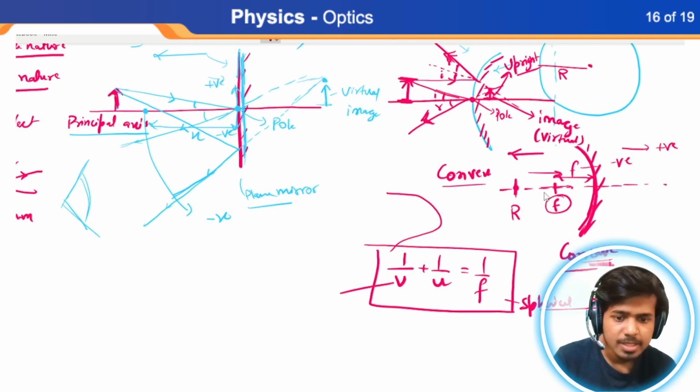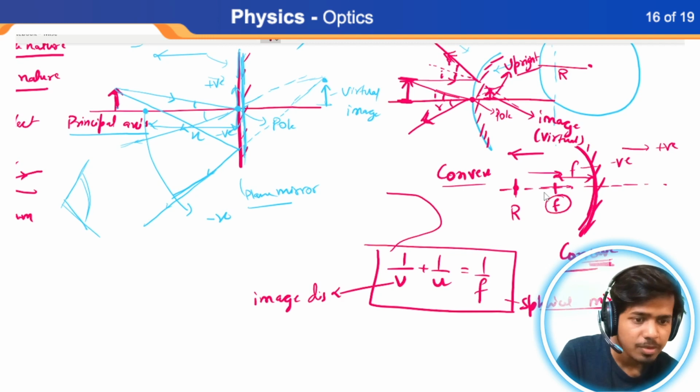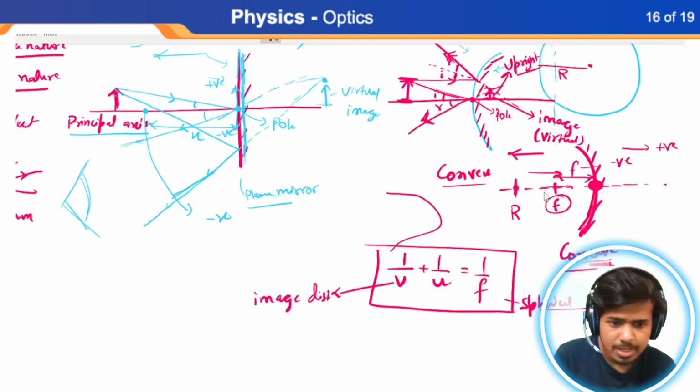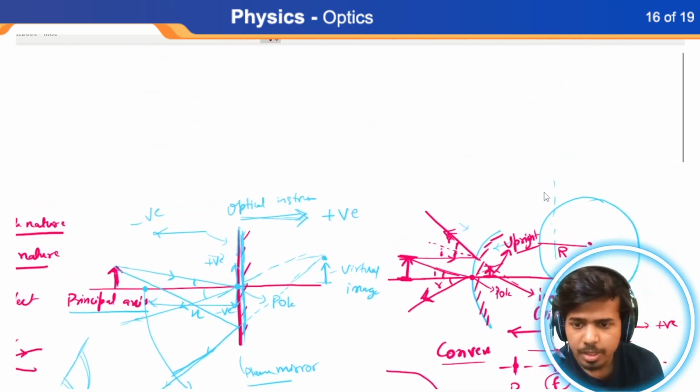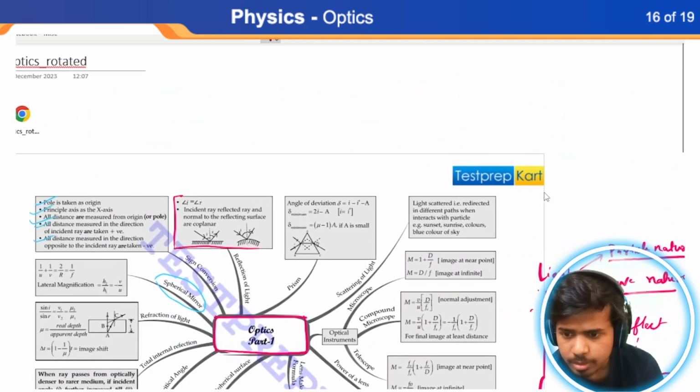Where v is the final or image distance, where everything is measured from the pole. Image distance, this is object distance, and this is the focal length. This is the mirror formula that you have here.